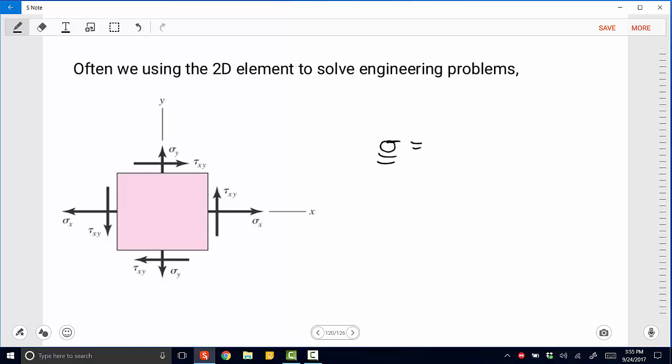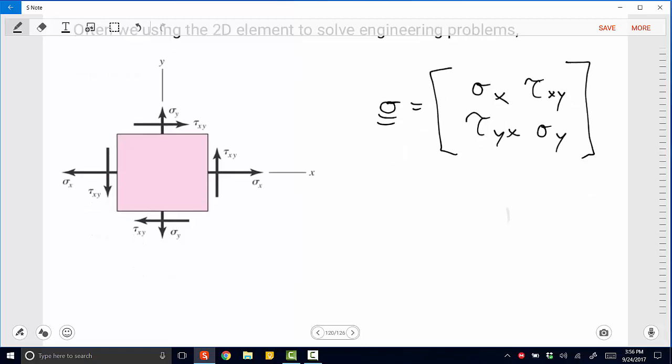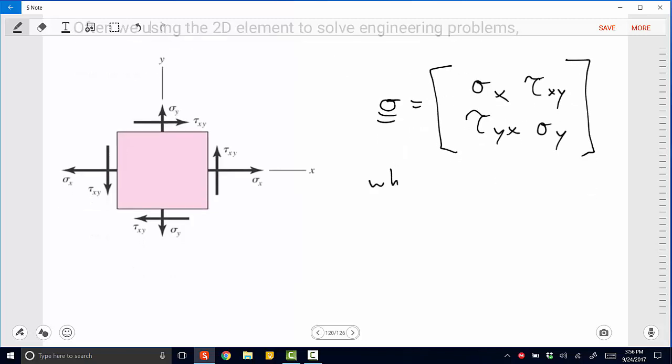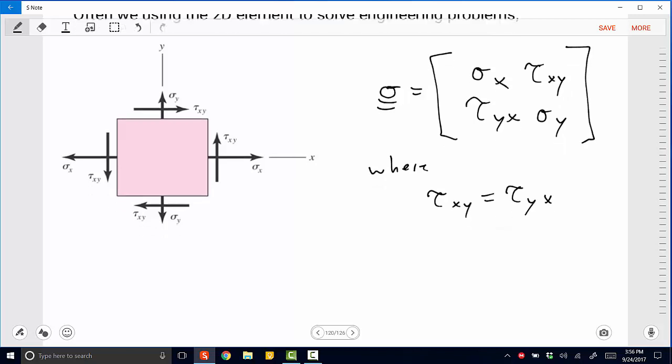There are double lines under it indicating it's a tensor, and simplify it into a 2x2. We have our normal stresses, sigma x and sigma y, and then we have our shear stresses, tau xy and tau yx. And where we remember that tau xy must equal tau yx for equilibrium.